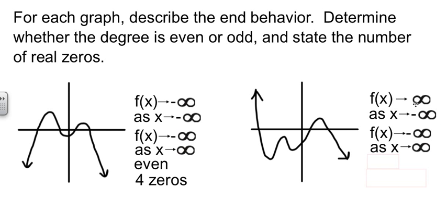So f of x approaches positive infinity as x is approaching negative infinity. As x gets further negative, the function gets more and more positive. What happens at the other end? The function is going down, so it's going toward negative infinity as x gets further and further toward infinity.